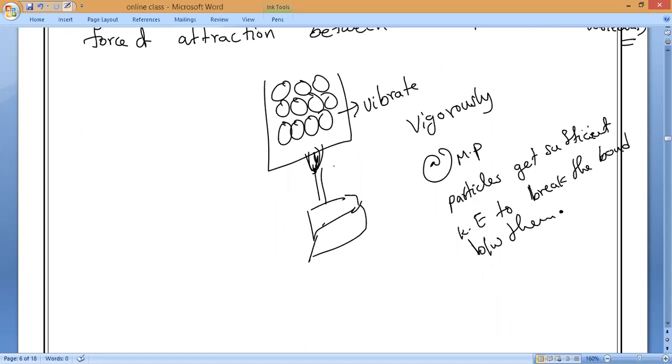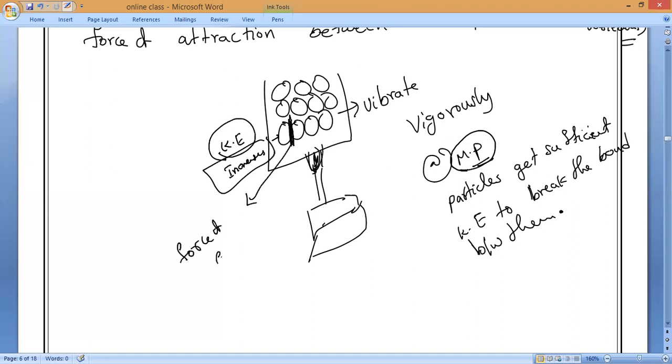When we keep on heating, the particles' kinetic energy keeps on increasing. Once it reaches the melting point, the particles get sufficient kinetic energy to break the bonds between them, which is the force of attraction, and they move away from their fixed positions.